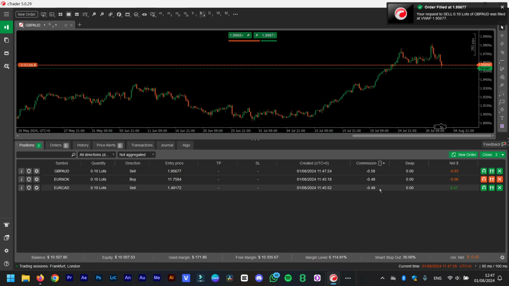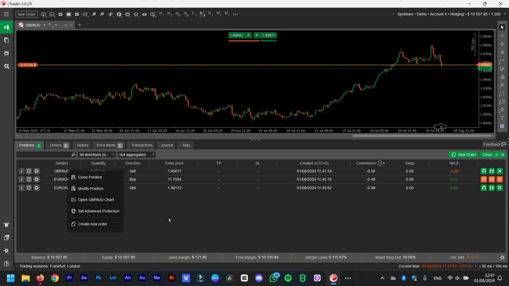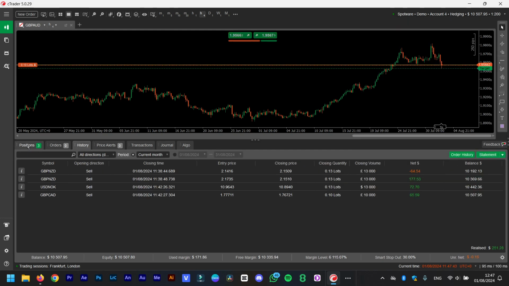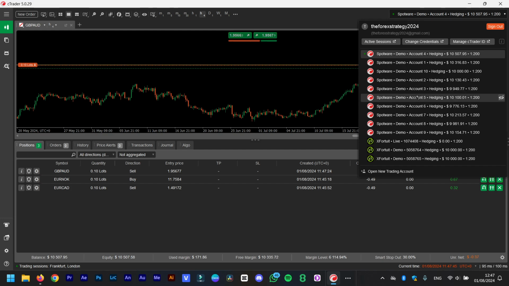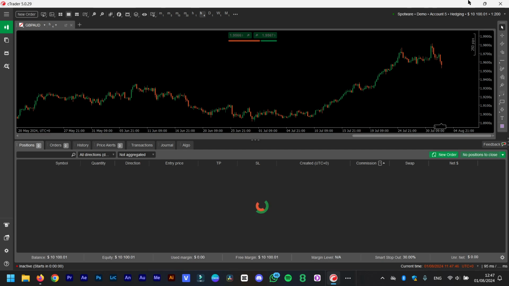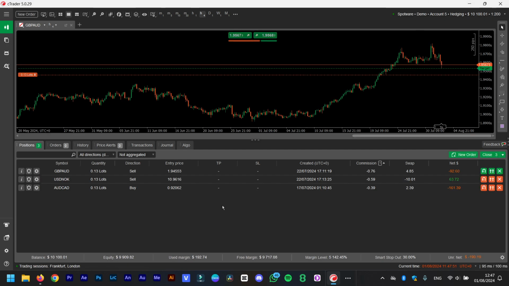Okay, that was it. Margin at 6,000% on three trades at the same time, which is really good. Yeah, on account number 4. Now let's go up to account number 5. This one, I'm gonna wait for this one.